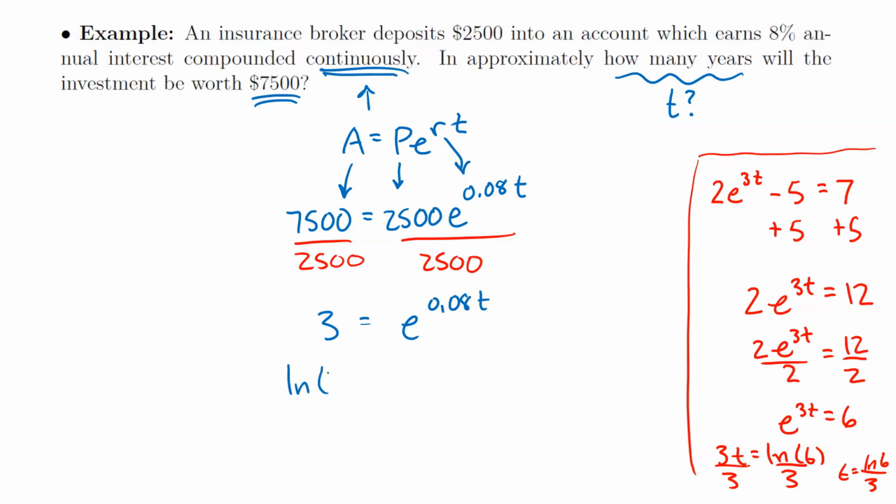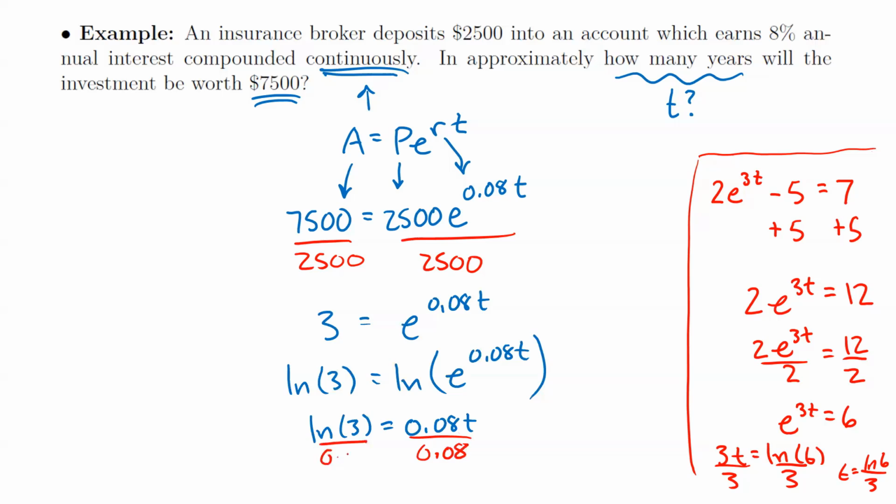Take the natural log of both sides. So we have the natural log of 3 is equal to 0.08t, right? The whole idea of the natural log and the e kind of eliminating each other. And then finally divide by 0.08. The natural log of 3 divided by 0.08, that's something I can get an approximation for.